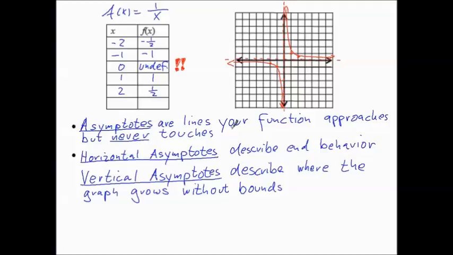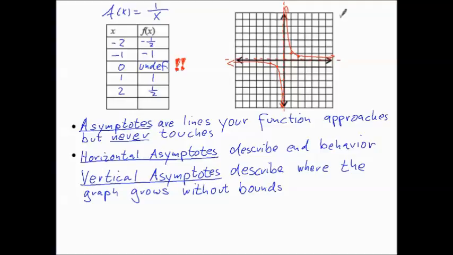And we have two different types of asymptotes. We have horizontal asymptotes that describe the end behavior of your graph. And we have vertical asymptotes. They describe where the graph grows without bounds. In other words, where it goes to positive infinity and negative infinity and always keeps going. For our parent rational function, what are those asymptotes?